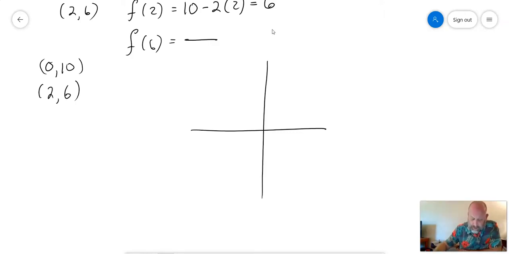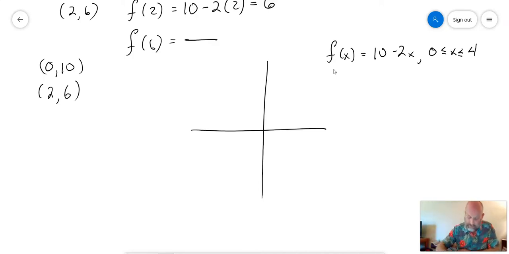Now, let me just rewrite the whole function here. So it's f of x is equal to 10 minus 2x. And the domain we're given runs from 0 to 4. So that means there's nothing outside of that interval from 0 to 4.